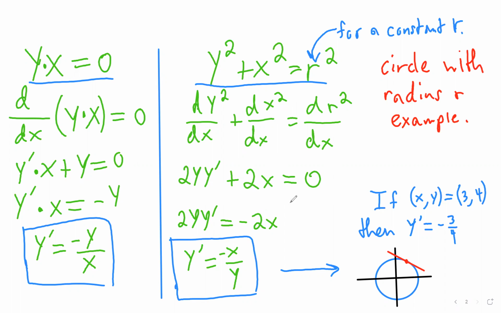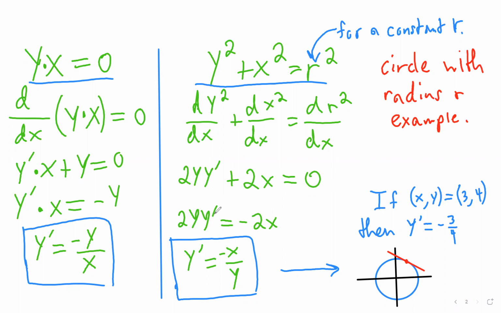Since we have this equation, we can solve for the y prime again and isolate all the terms that have y prime on one side, and then move all the other terms to the other side. Since there's 0 minus 2x, we end up with negative 2x on one side. And we'll end up dividing by 2y, so that we can isolate y prime by itself.